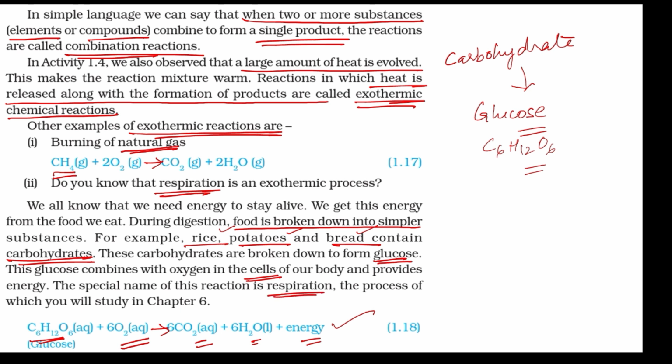So carbohydrate is broken down into glucose, and this glucose combines with oxygen present in the cells to give carbon dioxide and H2O and energy. Or you can also say that it is broken down into carbon dioxide and water, and energy is released. This energy is utilized to carry out the various activities.